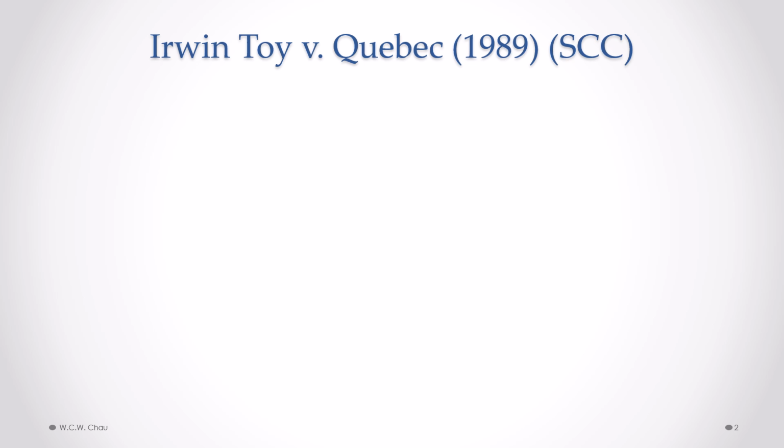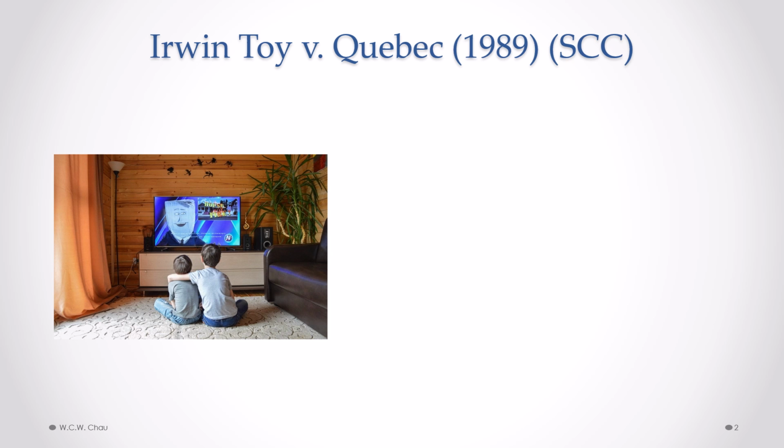Let's look at a specific case to get a better understanding of how the Charter is applied. In 1989, the Supreme Court of Canada issued a decision in the Irwin Toy and Quebec case. That case involved the issue of advertising that was directed towards young children. The concern was that advertisers were gearing their commercials and other advertisements to exploit the minds of young children, to convince them to get their parents to buy toys or sugary cereals or any other stuff that they might want.